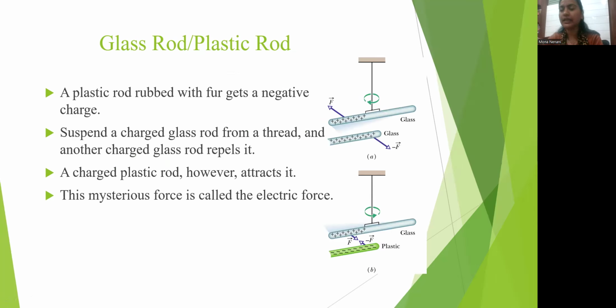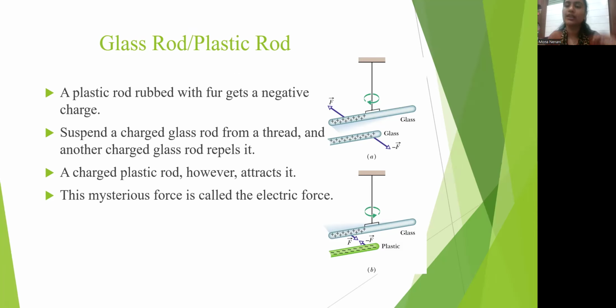how any material can get charged. We can say that a glass rod is positively charged, but how does it get positively charged? Let's say there is a plastic rod and fur. If we rub both of them, what will you observe? The plastic rod will become negatively charged. How does this happen? When you rub fur on a plastic rod, some electrons get transferred to the plastic rod, and that is why the number of electrons on the plastic rod increases compared to the number of positive charges.